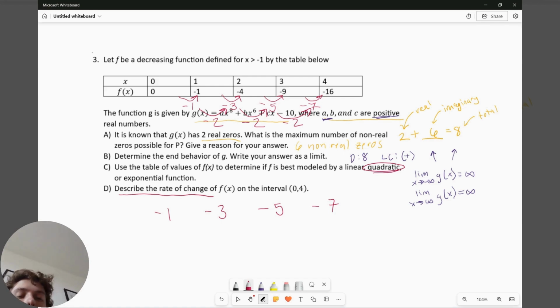Notice each of those values is getting more and more negative, meaning the rate of change is decreasing on the interval. Because it gets more and more negative, it is a rate of change decreasing. Remember, that would tell us that our function is actually concave down.